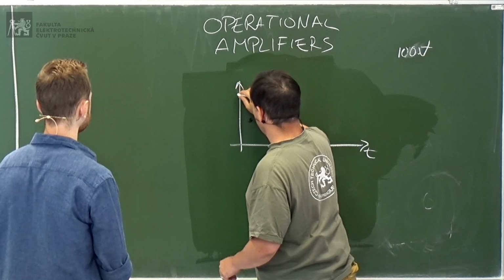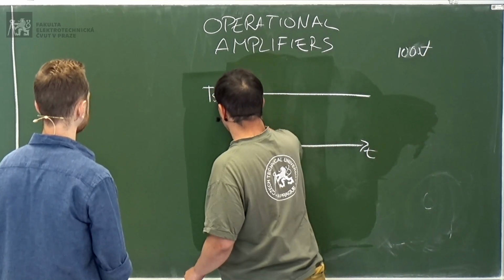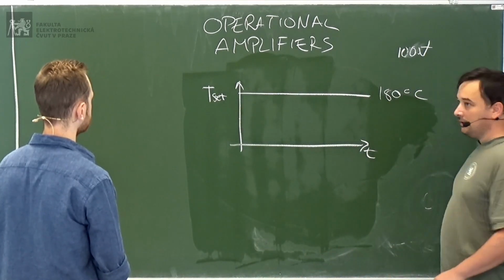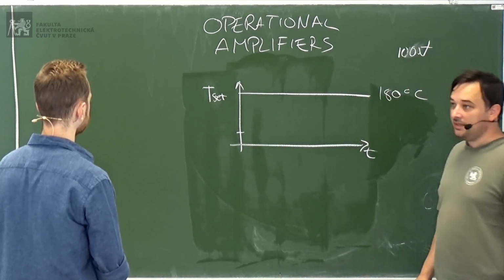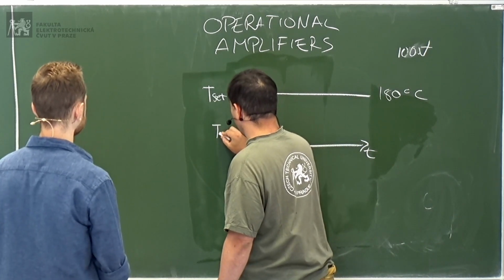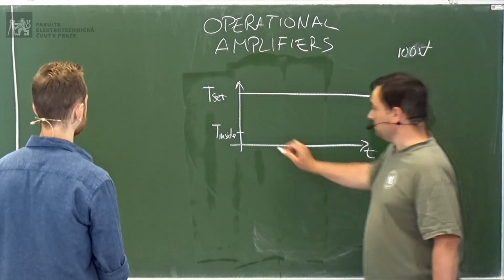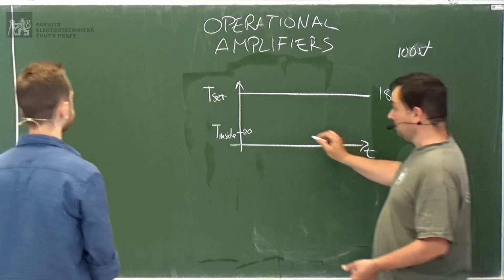This is the temperature of the set point, which is 180 degrees. And our oven is at 20 degrees. So the temperature inside the oven is at 20 degrees. Then it reads that there is a difference of 160.